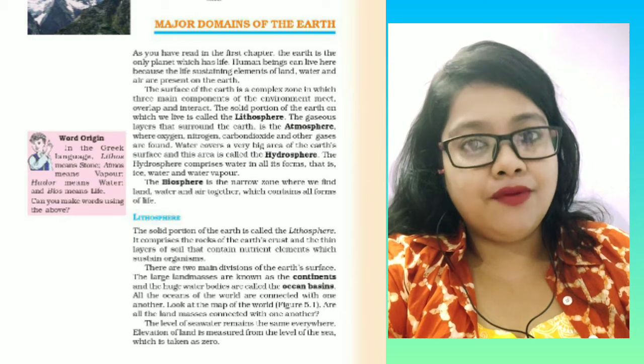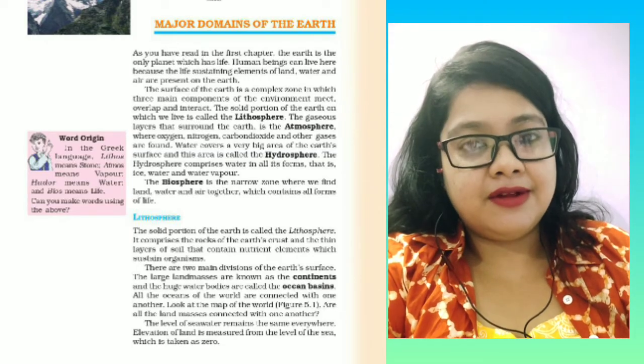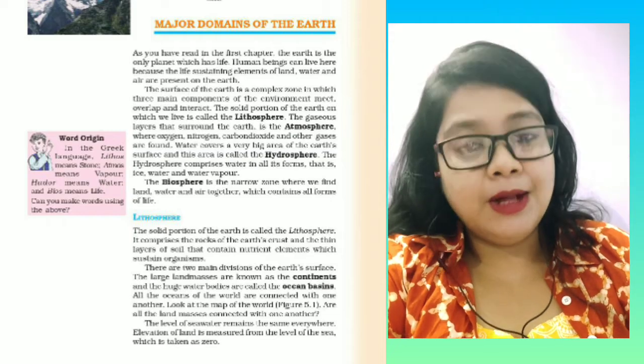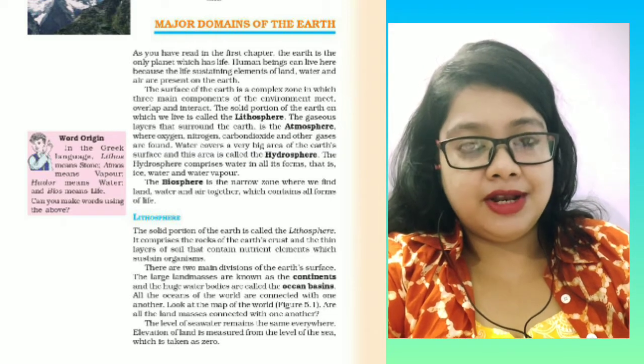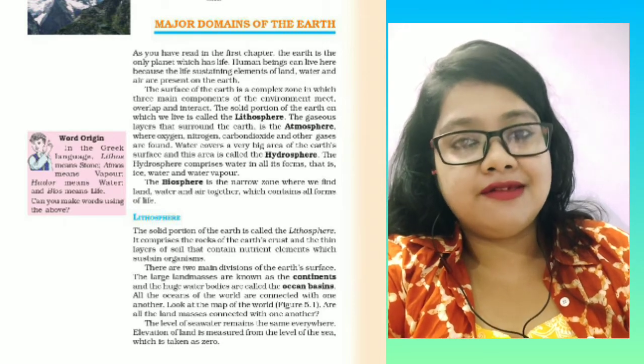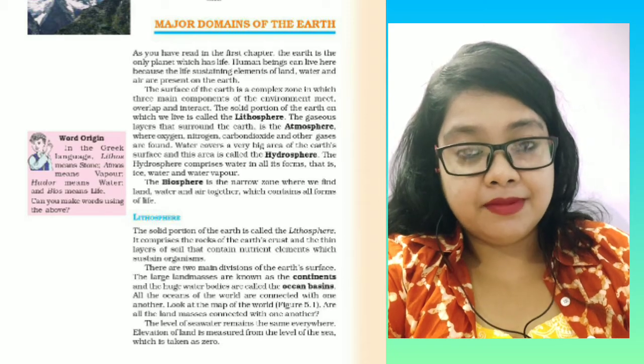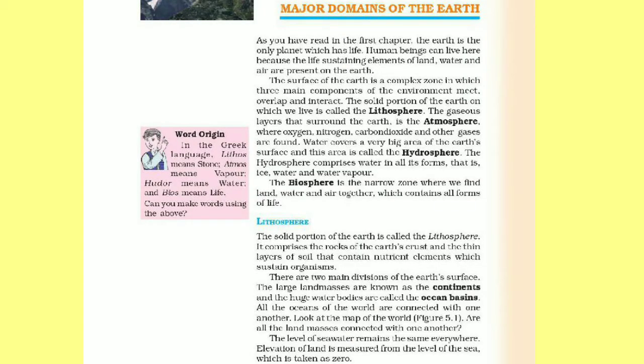The surface of the Earth is a complex zone in which three main components of the environment meet, overlap and interact. The solid portion of the Earth on which we live is called the lithosphere. The gaseous layer that surrounds the Earth is called the atmosphere, where gases like oxygen, nitrogen, carbon dioxide and other gases are found.